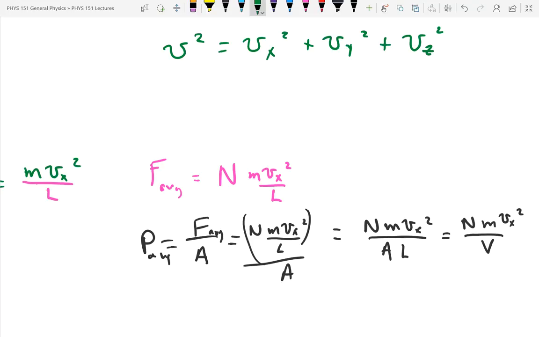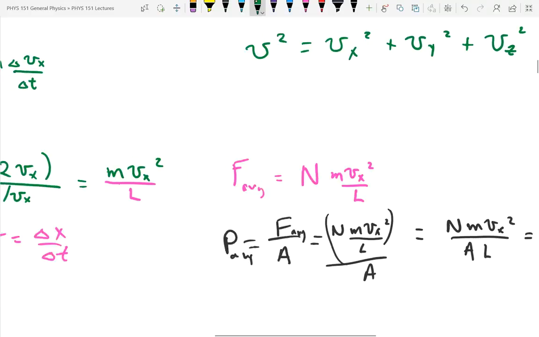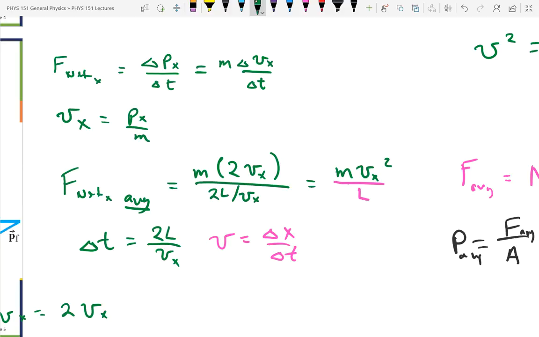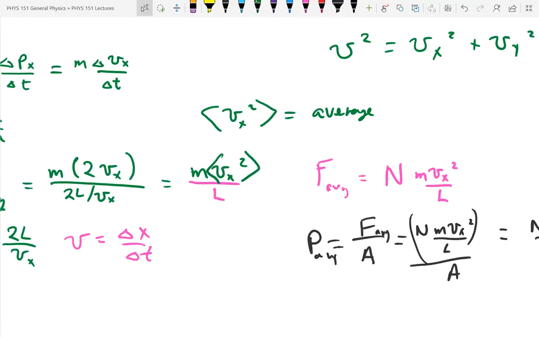So there's one thing I should have done that I did not do. Because of the average here, this really should be written like this, where the brackets mean average of whatever is inside.